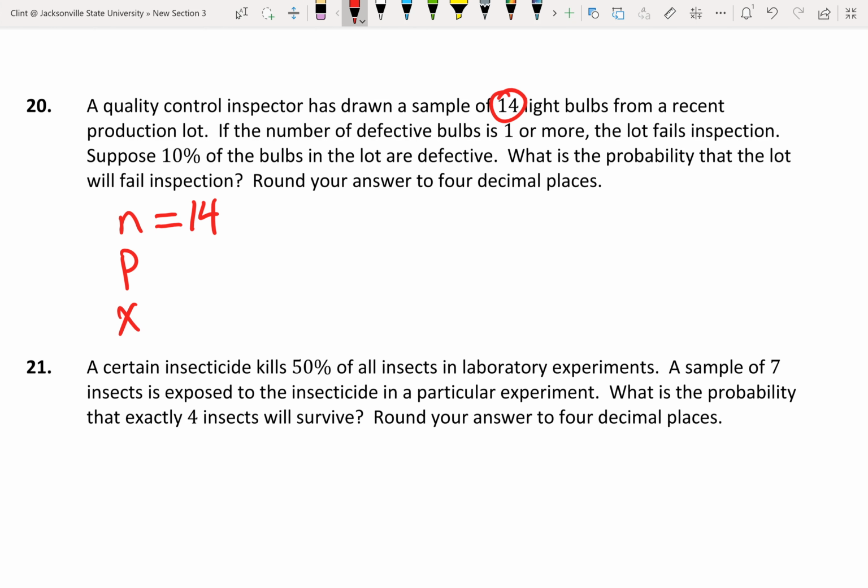It says 10% of the bulbs in the lot are defective. So P is 10%, or 0.1. And we're trying to figure out the probability the lot will fail inspection. That happens if we have 1 or more defective bulbs. And so that would be x greater than or equal to 1.